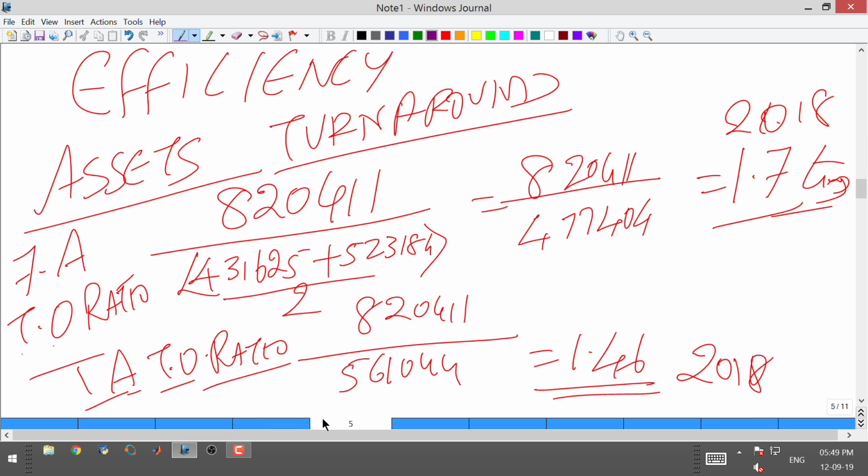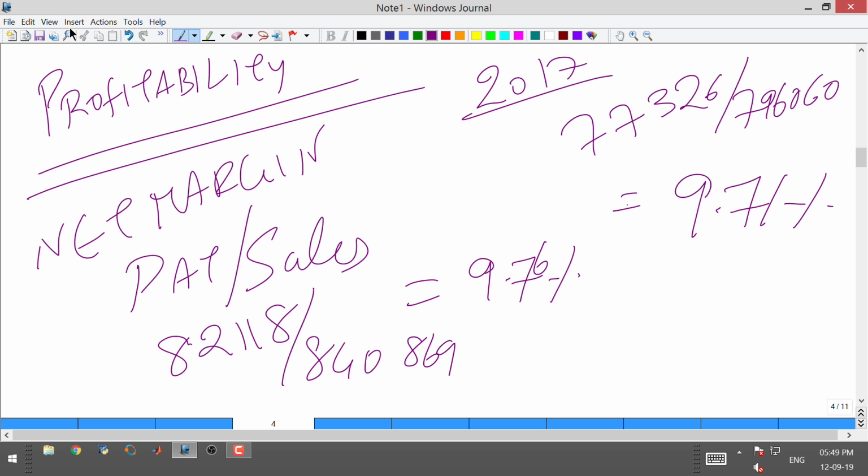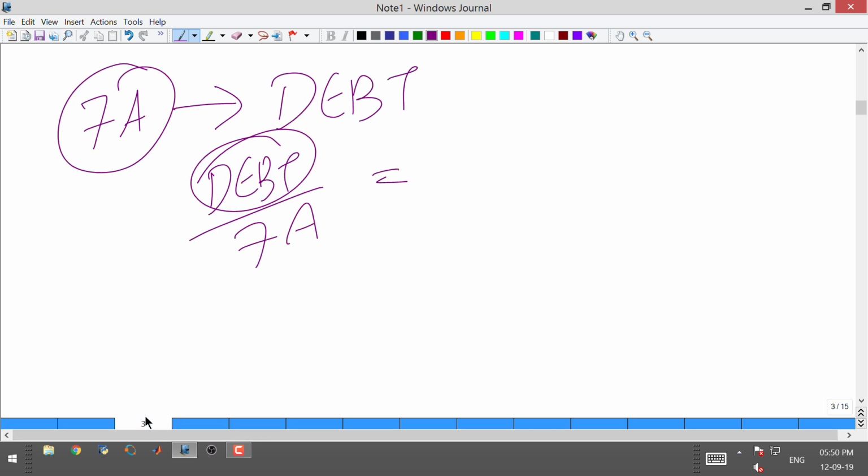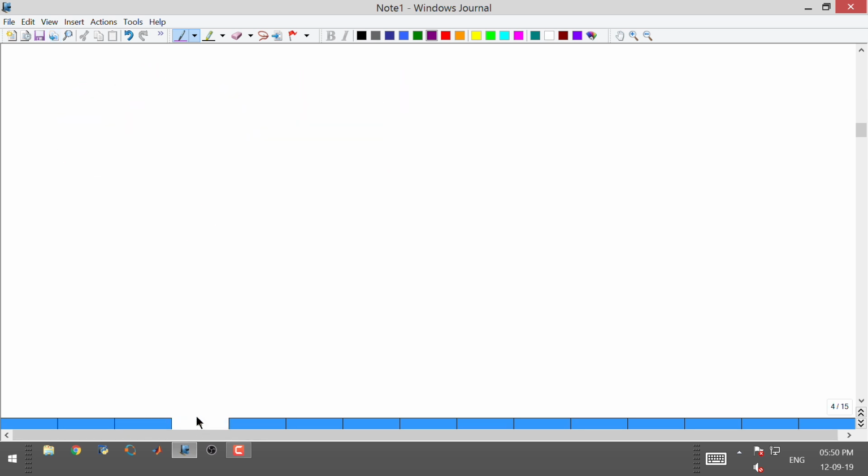Further, in the profitability part of it, we talked about the net profit margin. We will also look at what is called gross profit margin.